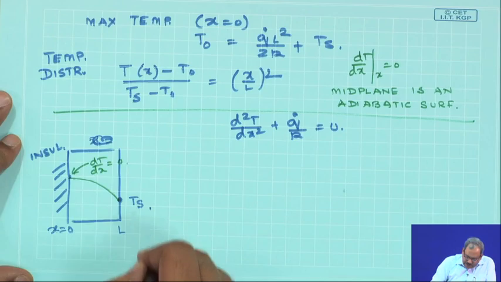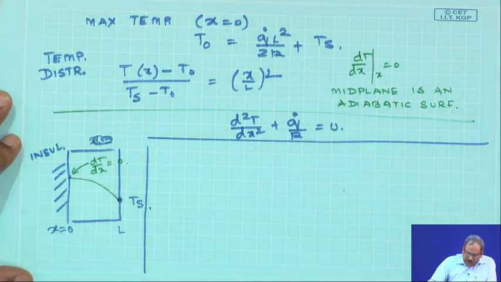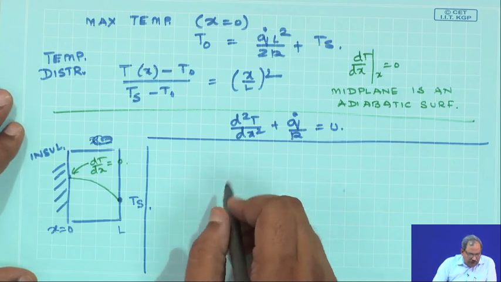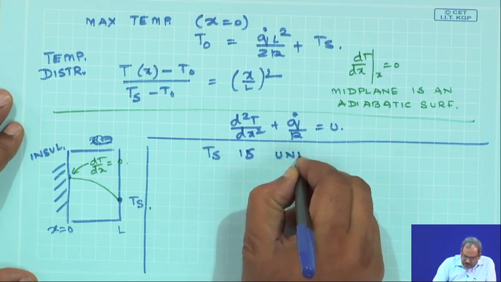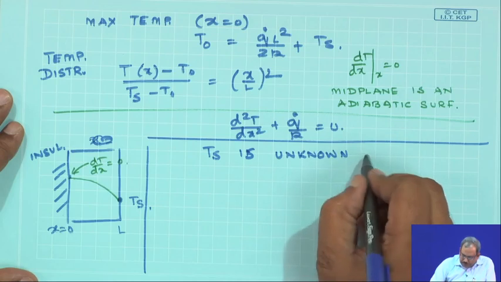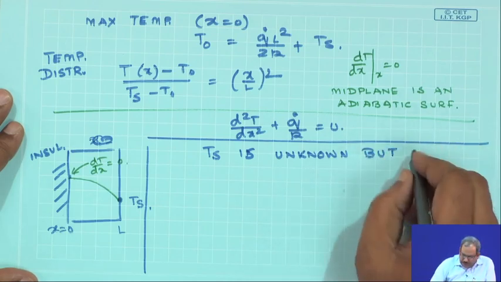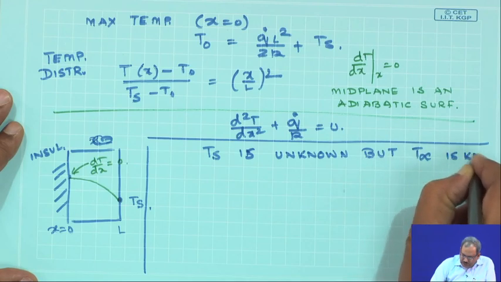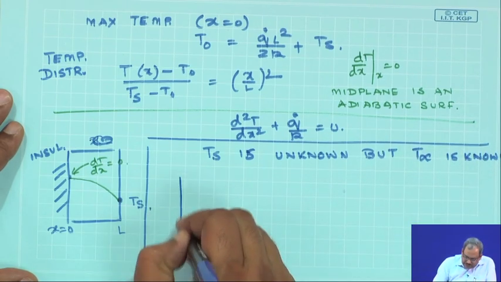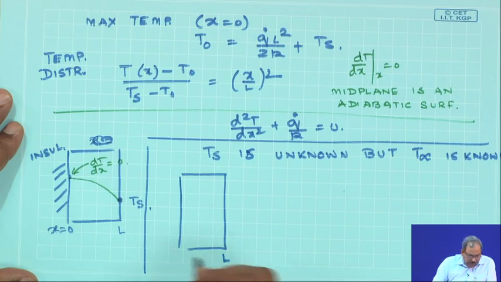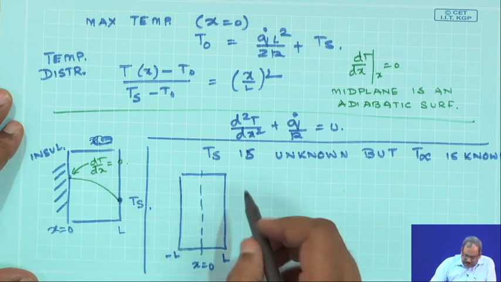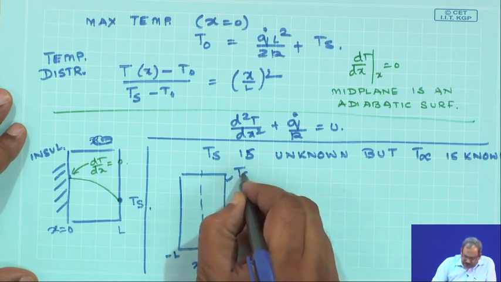So, this is another situation. In some cases it would be known that Ts is unknown, but T infinity is known. What I mean by that is, this is the same surface where this is x equals L, this is my x equals 0 and this is at minus L. Now, on this surface, this is the temperature Ts.